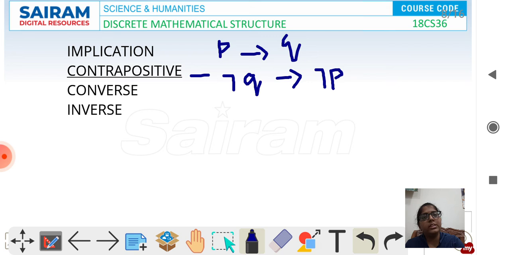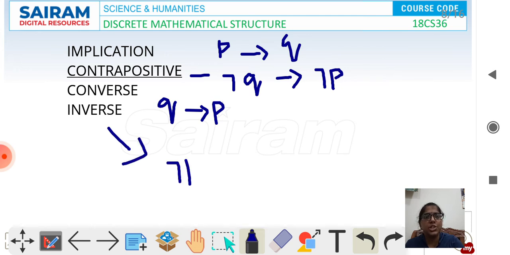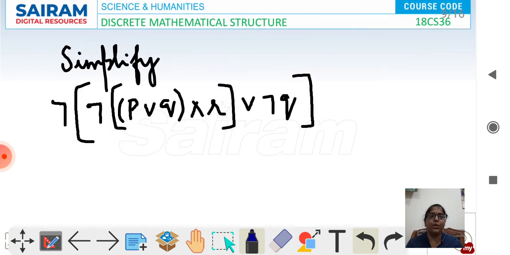What is the converse? Converse is Q implies P. What is the inverse? Inverse is negation P implies negation Q. So the contrapositive is negation Q implies negation P, the converse is Q implies P, and the inverse is negation P implies negation Q.